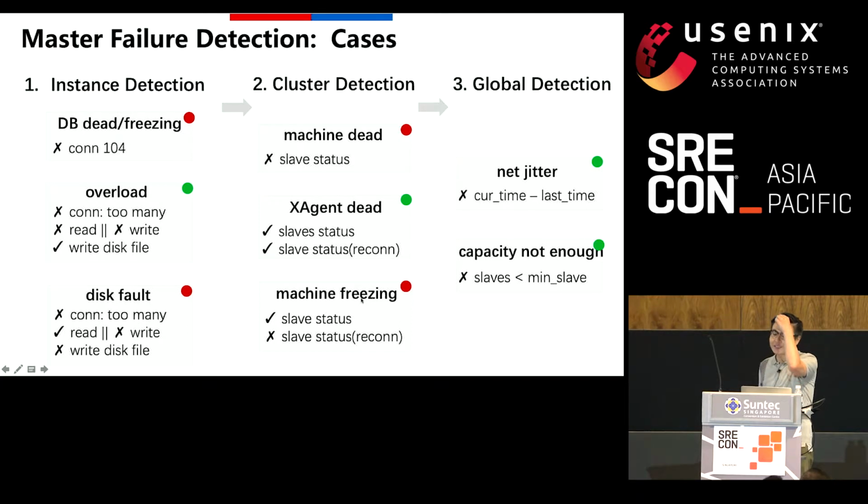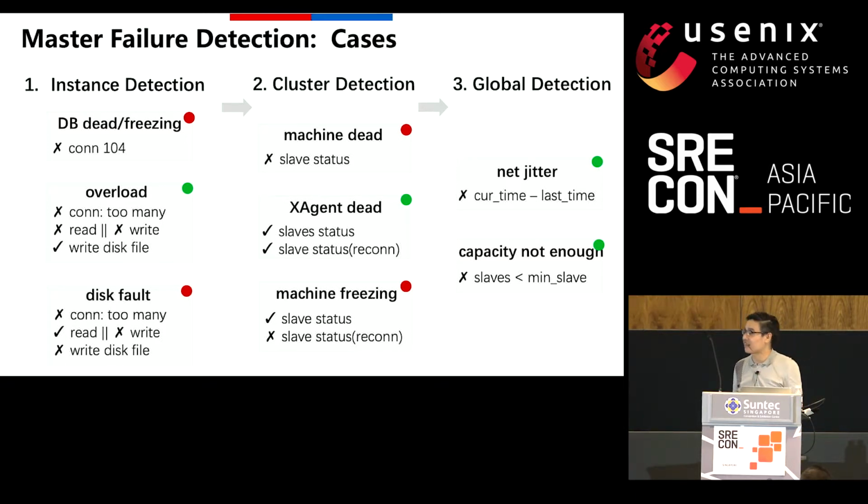Okay, here are some cases of master failure detection. In the instance detection, the X agent can judge whether MySQL is dead or freezing by connecting to it and checking the error info. If there are too many connections, it may be overload. So write a disk file to eliminate a disk fault. In the cluster detection, the leader checks all slave status. If all slaves are no, we can be sure that the master is abnormal. If the status is yes, maybe it's just the X agent that is dead, right?